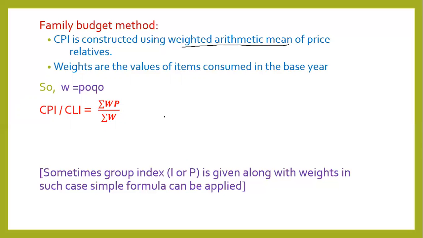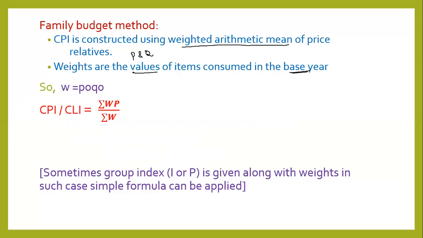It is based on the weighted arithmetic mean of price relatives, and the weights are the values of items consumed in the base year. That means when you assign a weight, the weights are values. Now when you say value, it means price and quantity.